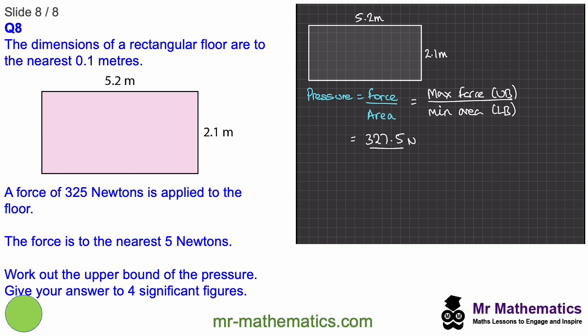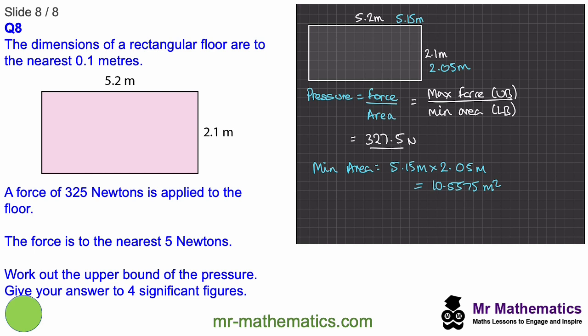And the minimum area, to work this out, we need to work out the two minimum possible lengths here and here. So this would be 5.15 metres for the length and 2.05 metres for the width. So the minimum area will be 5.15 metres multiplied by 2.05 metres, which gives us 10.5575 metres squared.